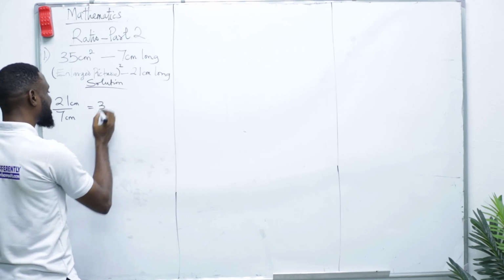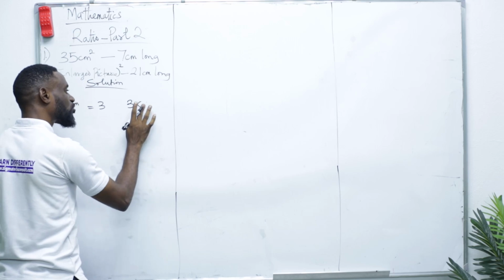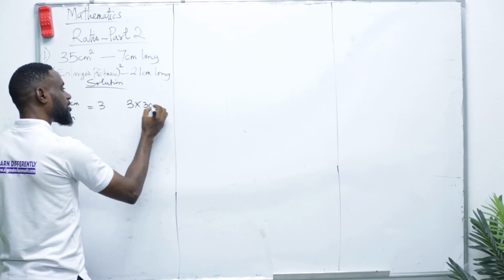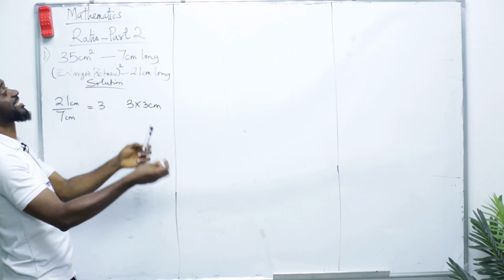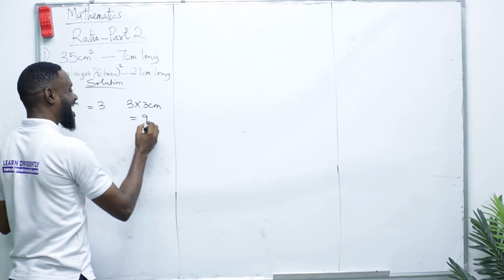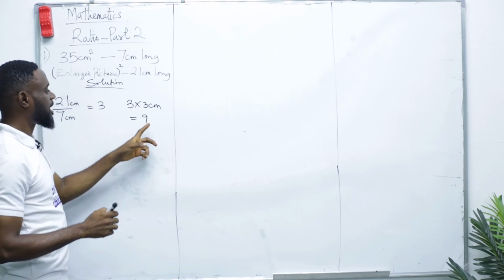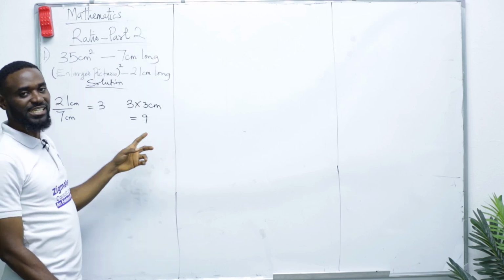So we say 3 times 3 cm that it was enlarged to this enlarged picture. So here we have 9. So the square of the enlargement is 9.